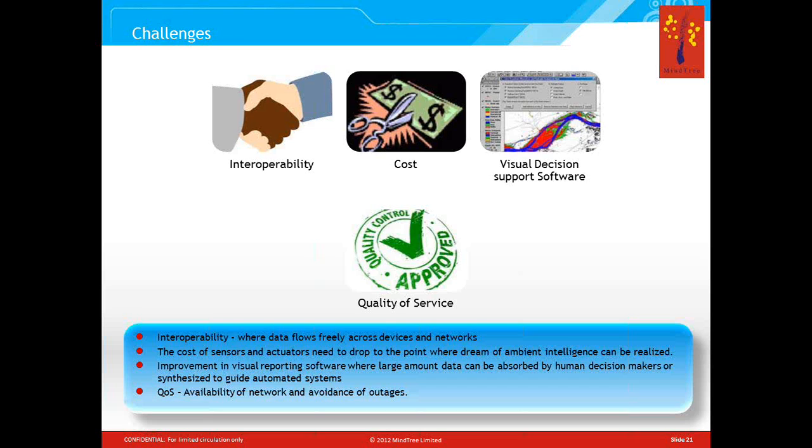Inside the building, for example, building automation. We talked about the smart building. There are different standards, like BACnet, LonWorks. There are so many standards, and all these standards are competing with each other, and each proclaims that it is the standard to use.